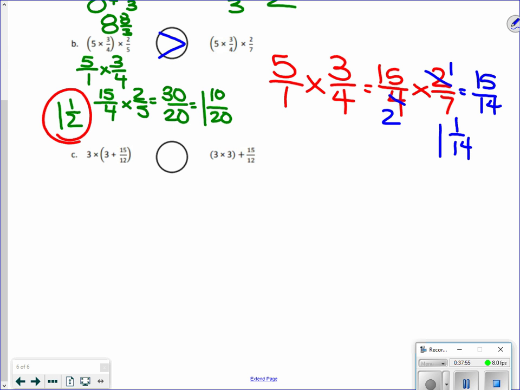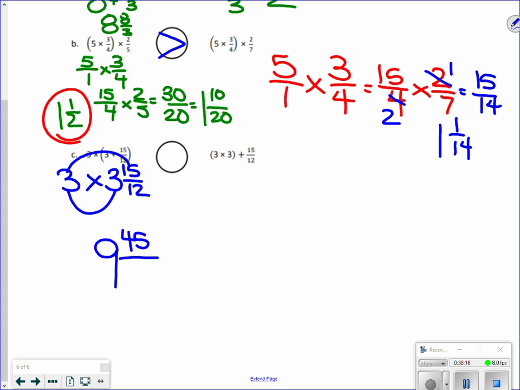3 plus 15/12. 3 and 15/12. I'm leaving it like it is. 3 times 3 and 15/12. So, whole to the whole, 9. 3 times 15, 45. That is a gnarly improper fraction. Leave my denominator.